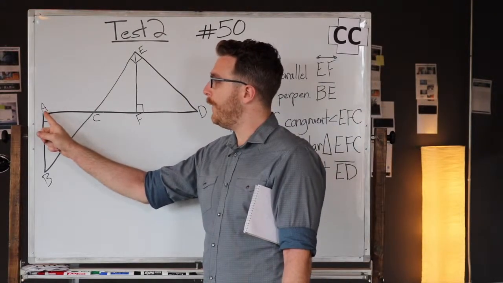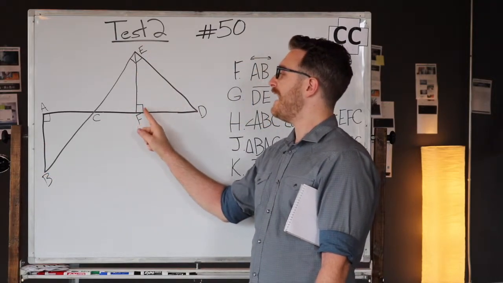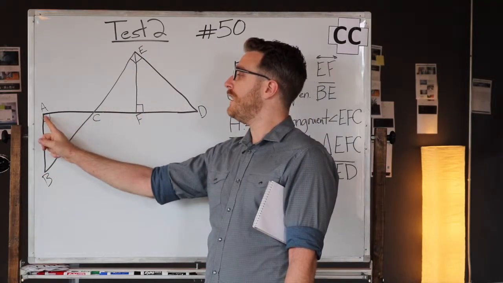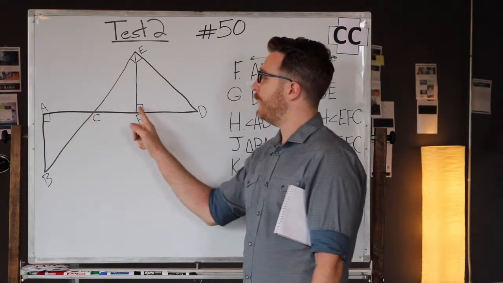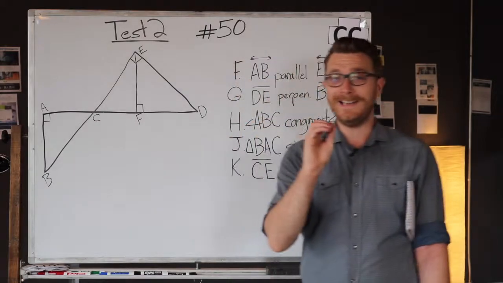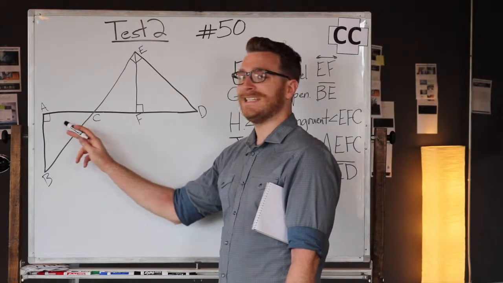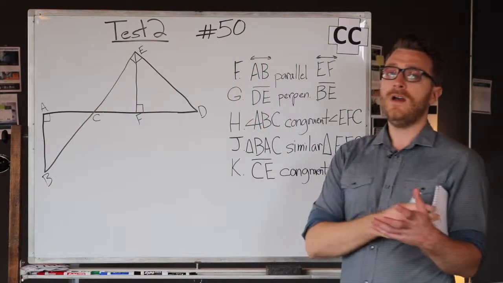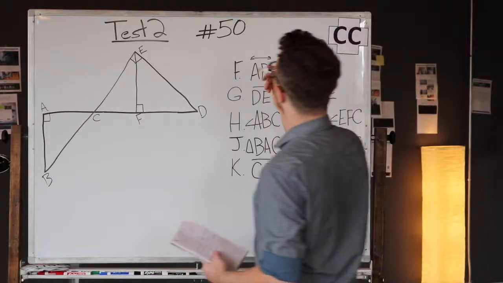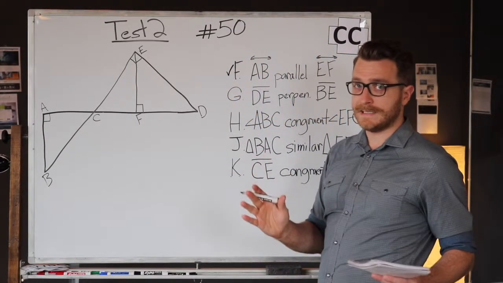Because they are both angled, labeled on the graph for us at a 90-degree angle. These 2 lines are formed at the intersection of points A and F, and we are told both of those are at 90 degrees. And since they're both perpendicular to the same line, both these lines, AB and EF, are parallel to each other. So that means F is justifiable with the given information. That's not the correct answer.